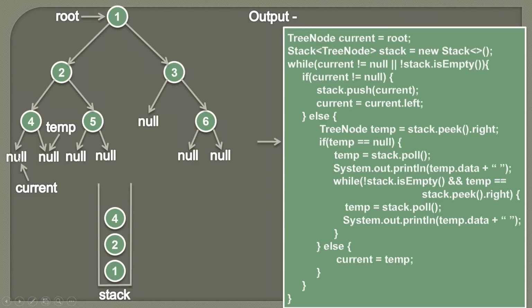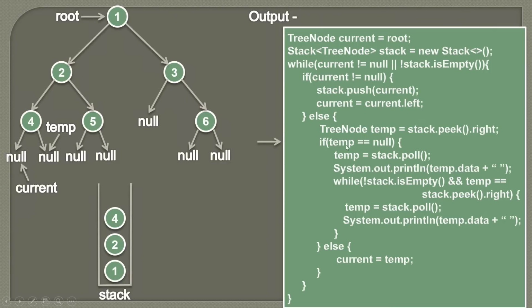As current is pointing to null, this can be any left or right child of a node. And we also know that this node will be already present on the stack. And if we want to know whether we are on the left side or on the right side, what we do is we simply go to this node and go to its right. So here temporary variable is doing that for us.